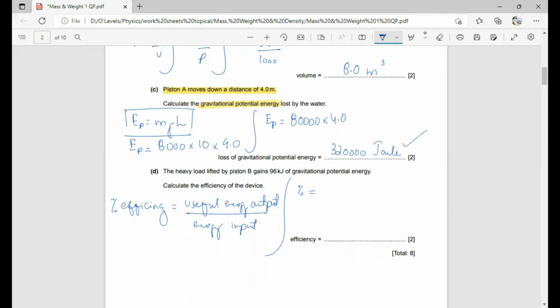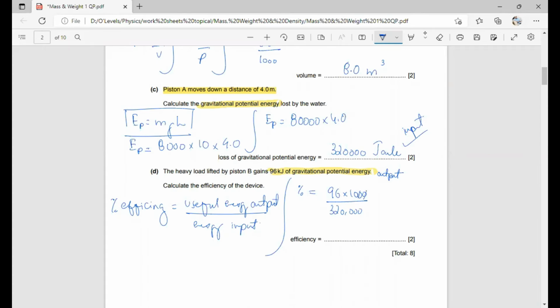The heavy load lifted by the piston gains 96 kilojoules of gravitational potential energy. So this is the value that we have calculated, 320,000 joules. So this is our input, and 96 kilojoule of energy is your output. 96 kilo means this is 96 multiplied by 1000 divided by 320,000.